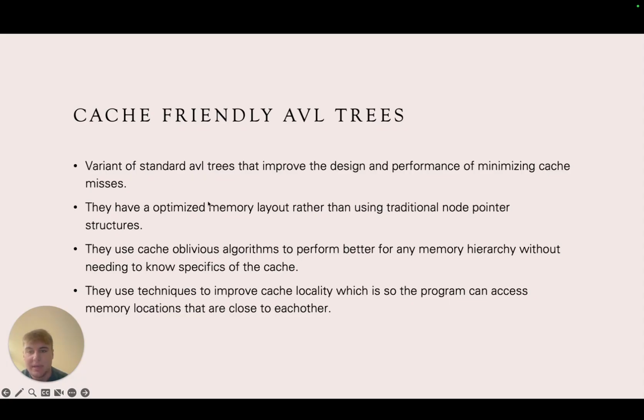They have an optimized memory layout rather than using traditional node pointer structures, and they use cache-oblivious algorithms to perform better for any memory hierarchy without needing to know specifics of the cache. They also use techniques to improve cache locality, so the program can access memory locations that are close to each other.